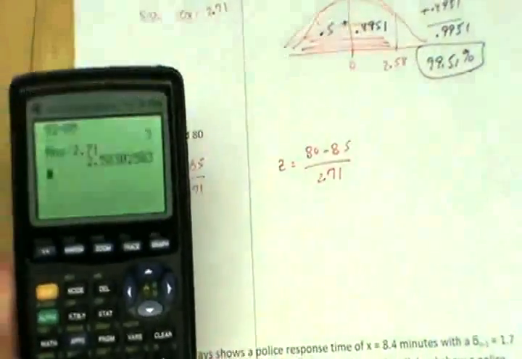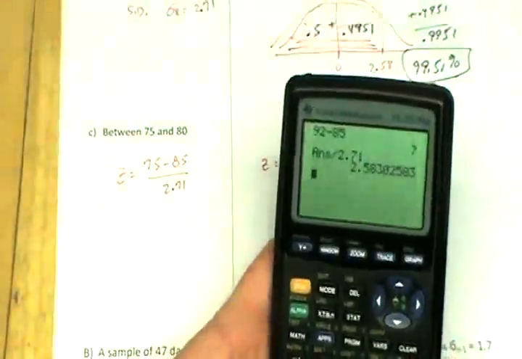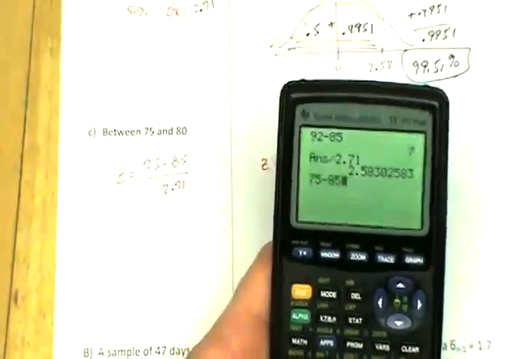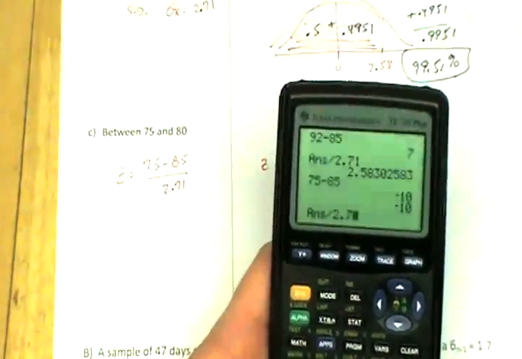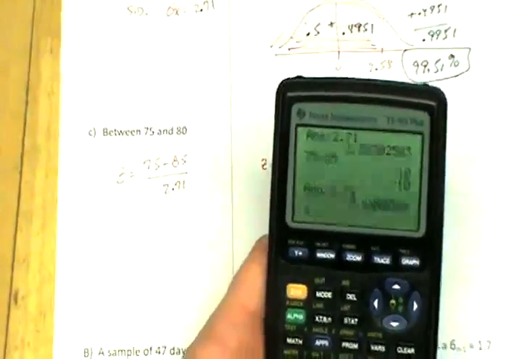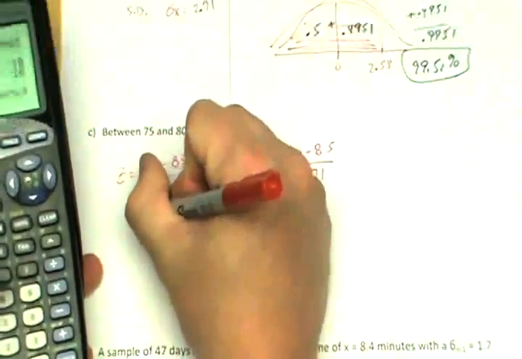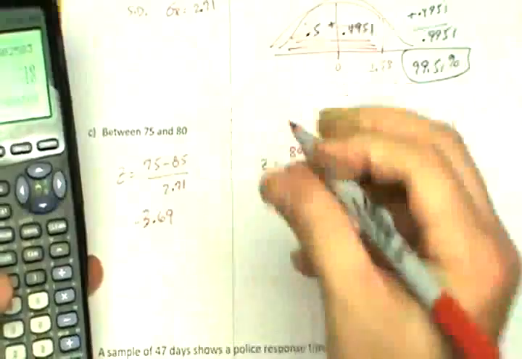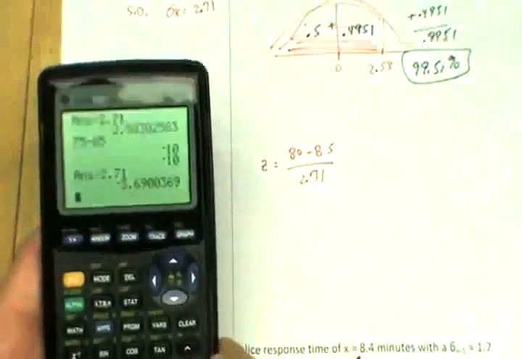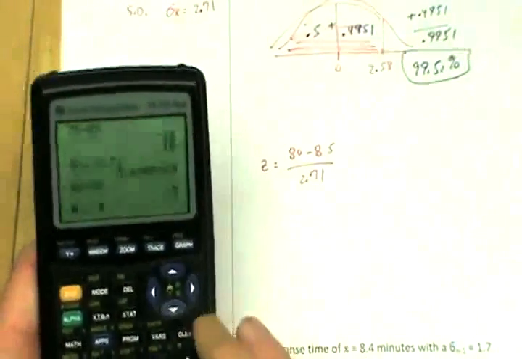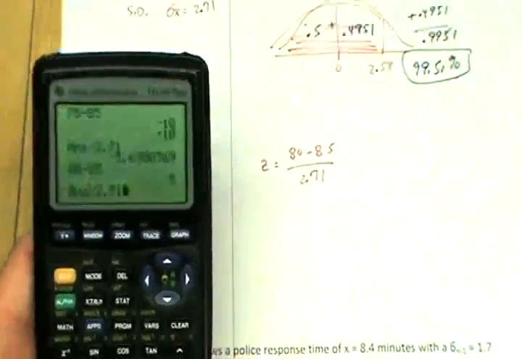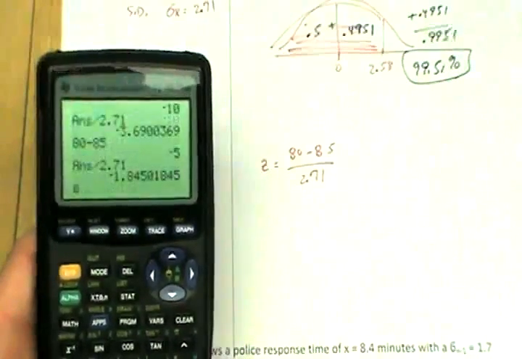Okay, so we're going to go 75 minus 85 divided by 2.71. We're getting back negative 3.69 here. And then we're going to say 80 minus 85 divided by 2.71. Negative 1.845.